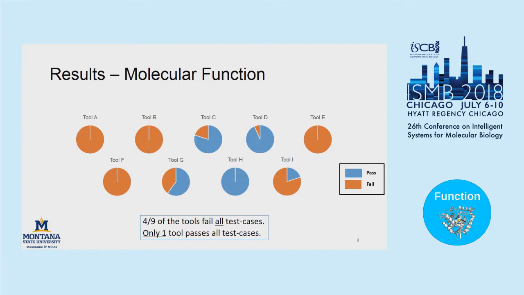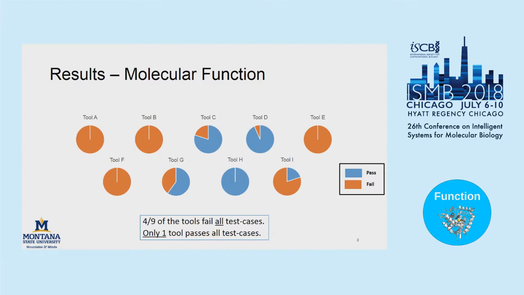These are the results of running those 9 tools with 15 sequences, 15 source and follow-up test cases for the molecular function ontology. We see that 4 out of 9 tools fail all test cases.